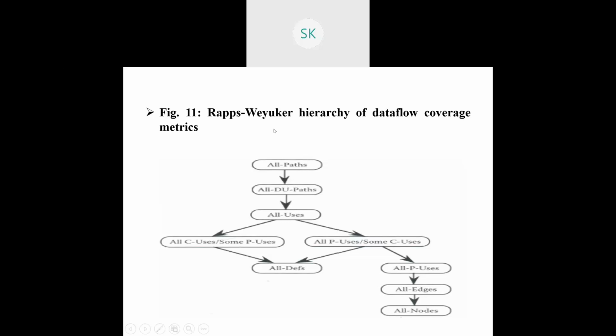See, very simple. What is all DU paths, all uses, all definitions, all P uses, some C uses, all C uses, all P uses for some C uses? The definitions which we have just stated now, you need to identify and write them over there. It really depends on the marks. If it is asked for 12 marks or 15 marks, you need to state one example. With respect to that example, where you are identifying all P uses or some uses, you need to look into that and give an example for the entire code.